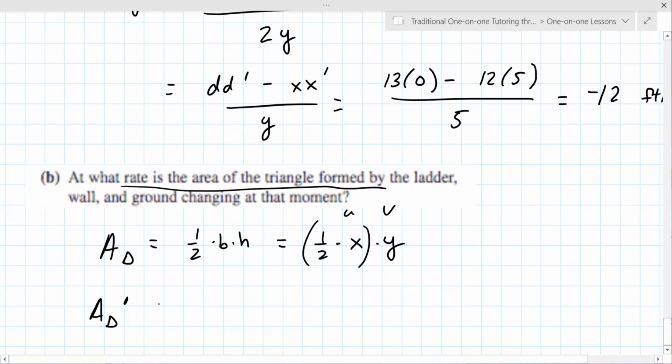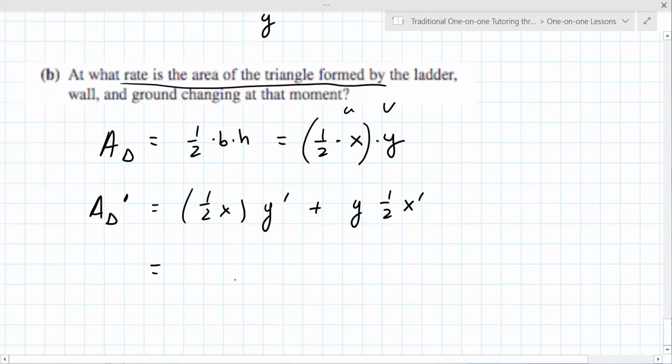So the derivative is 1/2 X Y prime, that's the derivative of Y, plus Y times the derivative of the X part, which is 1/2 X prime. So this becomes 1/2 XY prime plus 1/2 X prime Y.